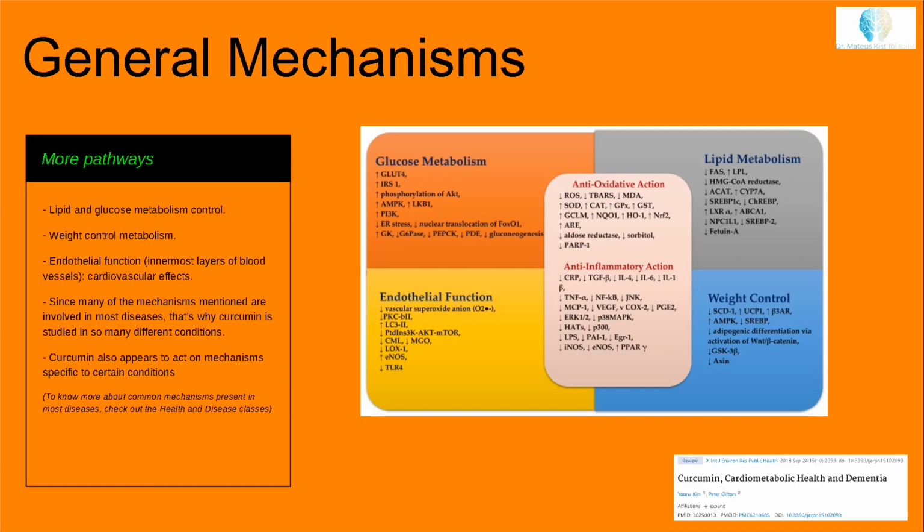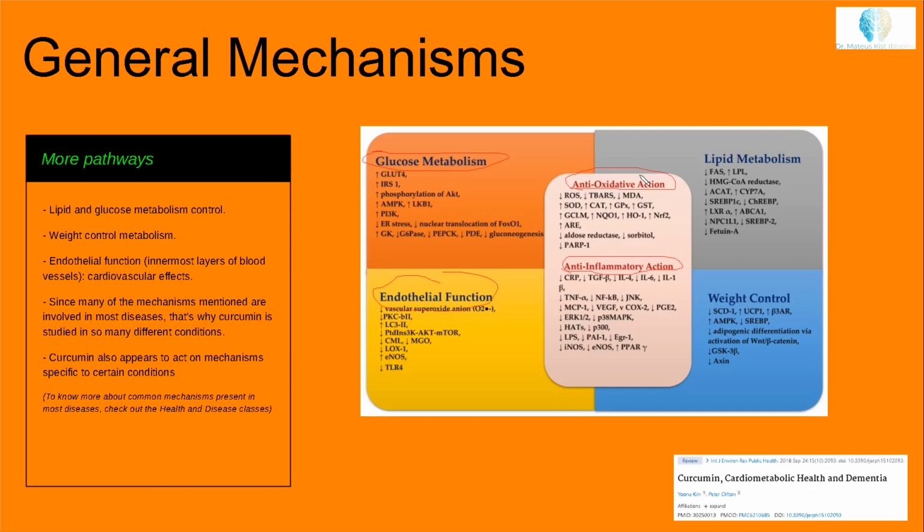Many of these mechanisms related to oxidative stress, mechanisms related to the control of inflammation, to endothelial function, to the metabolism of glucose and other nutrients, are involved in many diseases. That's why curcumin is studied in so many different conditions.